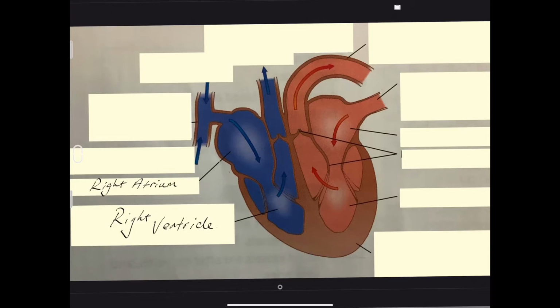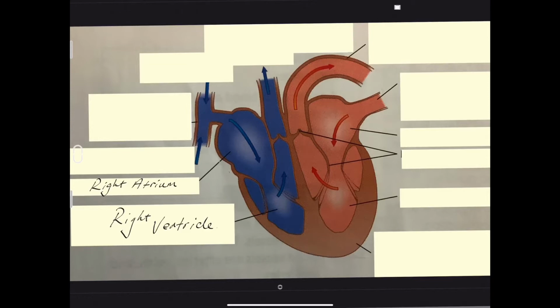We'll go on to the function of each section in a moment, but first I just want you to have an overview of the different sections. Next to the right atrium, you have a blood vessel.